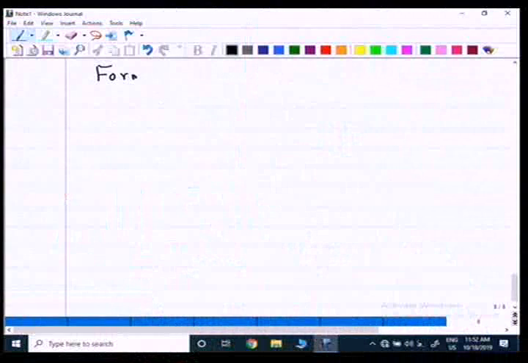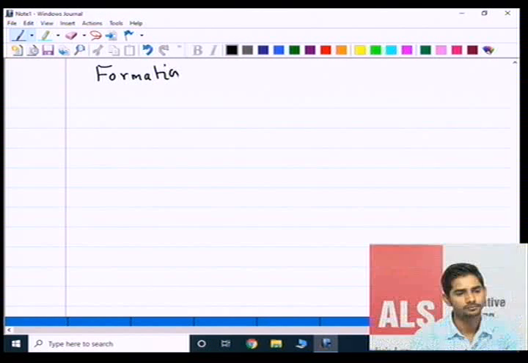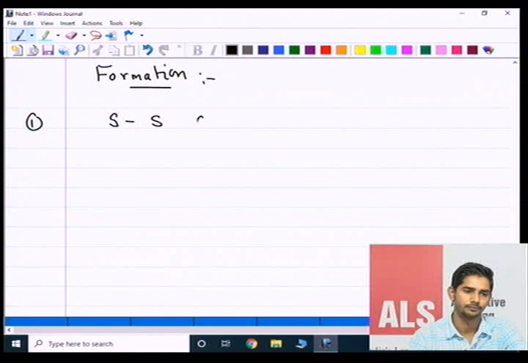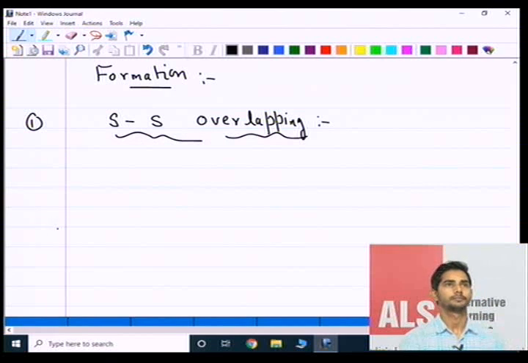Formation. First, s-s overlapping. See, this is your s orbital.